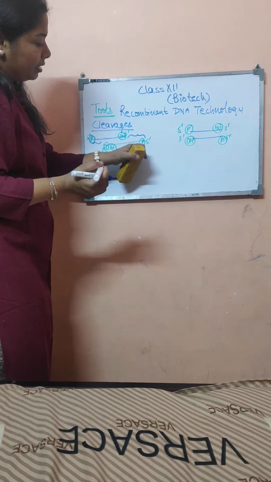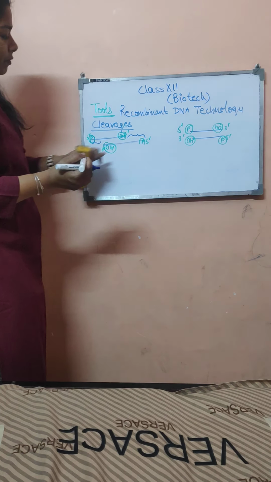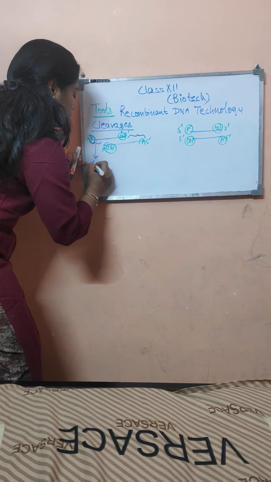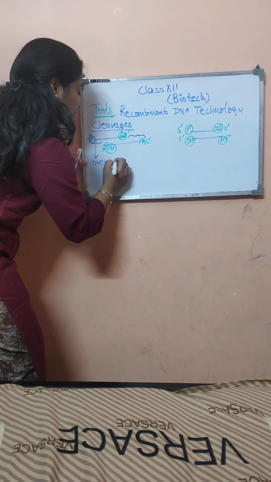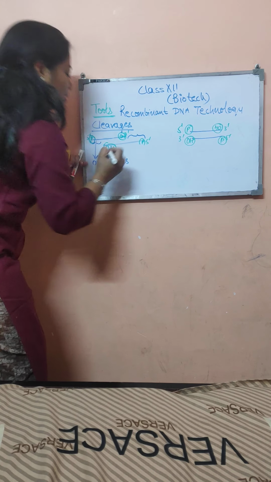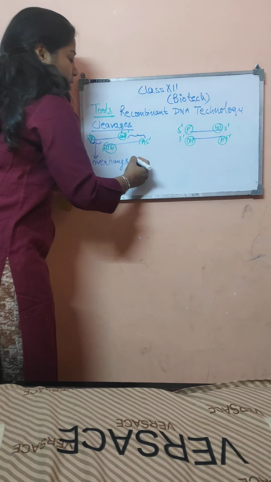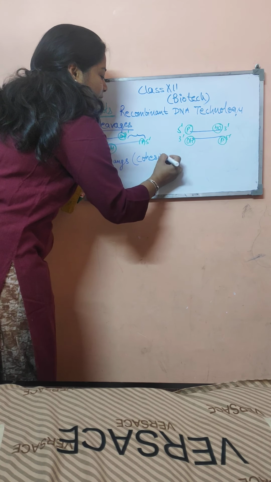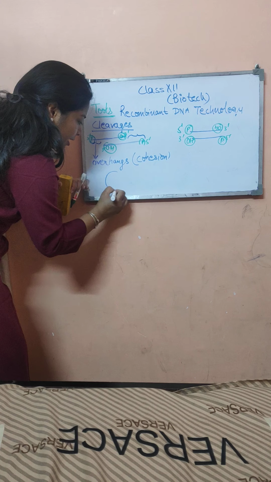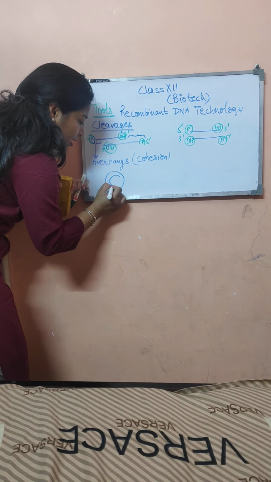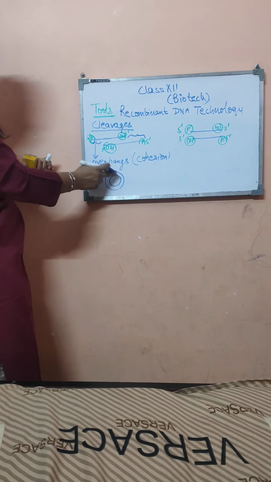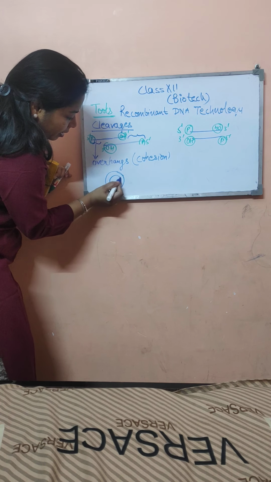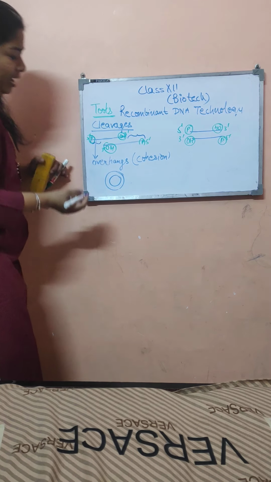And these ends which are extended ones are known as overhangs, which help in cohesion. That means it can easily convert itself into circular DNA by joining as such.